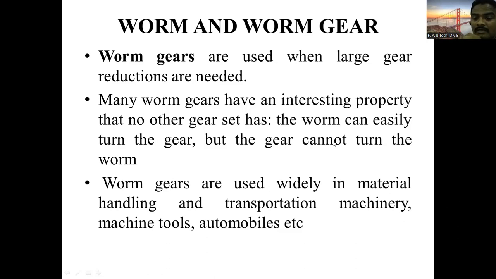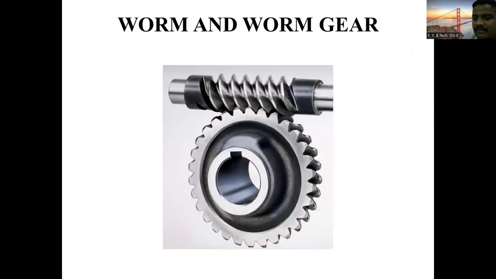We can select the worm and worm gear. Normally you can find it in machineries, for example a lathe machine or any other machinery. See, the shafts are non-parallel, non-intersecting. Definitely an MCQ like this will be asked, remember. From the arrangement of shafts you have to select the type of gear. Or they will give you the gear name and you have to state the position of shaft. For worm gear, position of shaft preferred: non-parallel non-intersecting, intersecting and parallel, none of the above. Non-parallel, non-intersecting. You can select the option quickly. So this is the worm and worm gear.